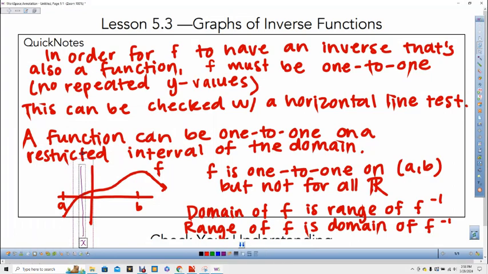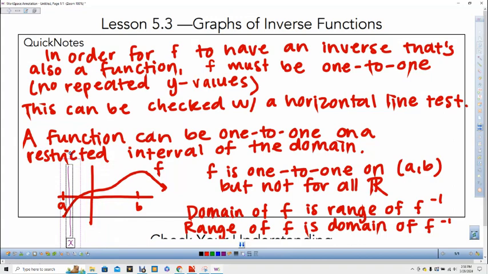As you slide it across, it's representing certain values, and you're looking at, do I have more than one y value for that given x value? And in this case, you don't.